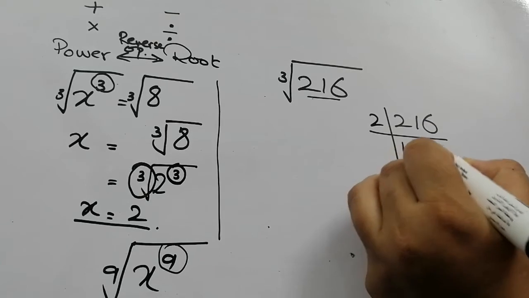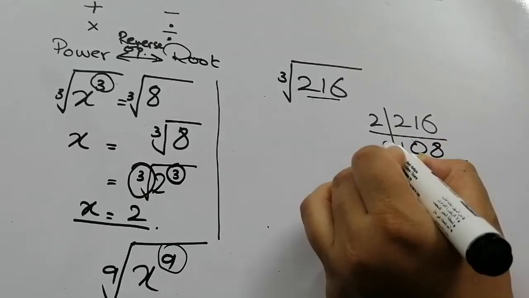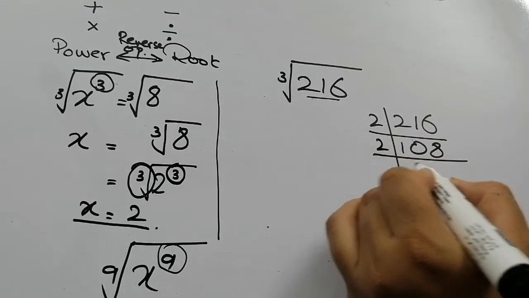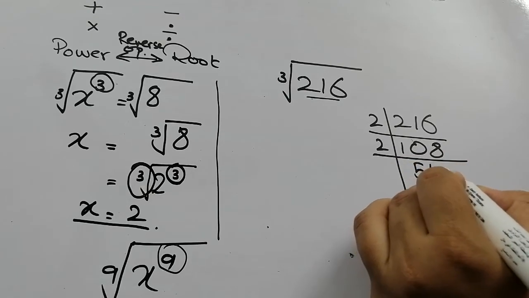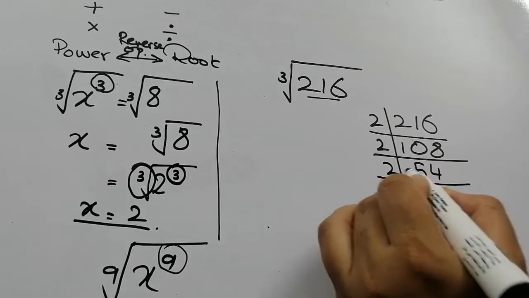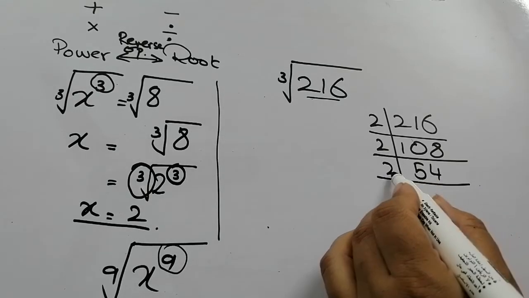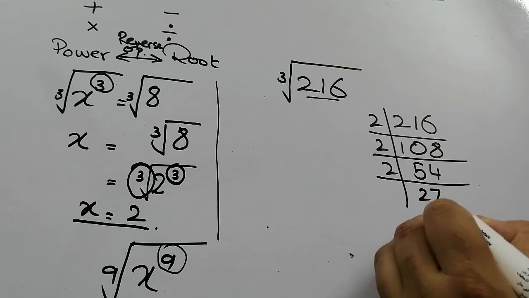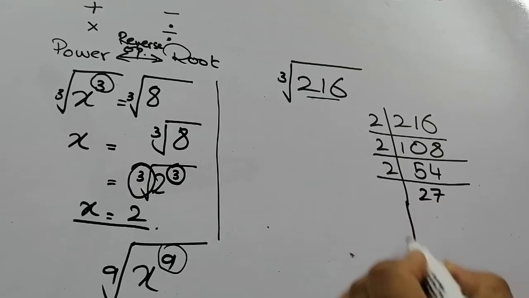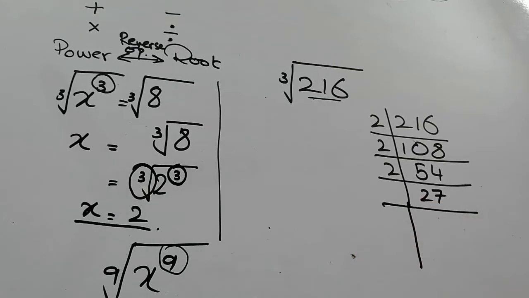If I divide it, I will get 108. I will keep dividing by 2 until it is possible. 54. I can still divide by 2. So 2 2s are 4, 2 7s are 14. 27 is now not divisible by 2 anymore.